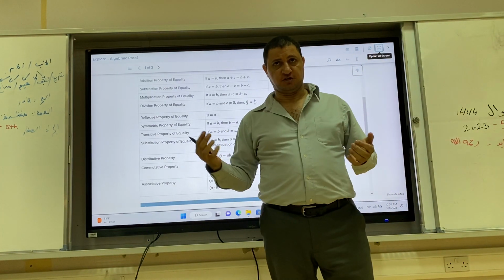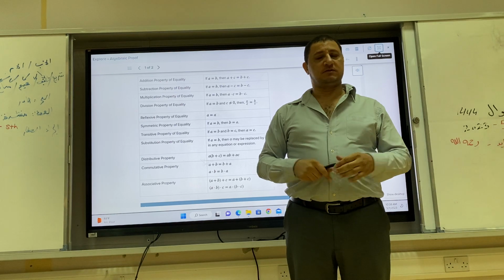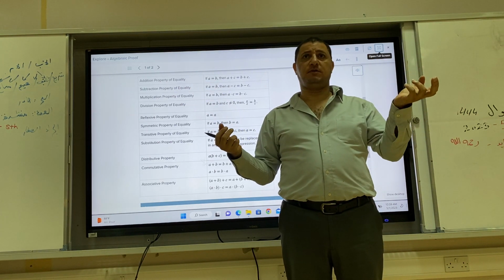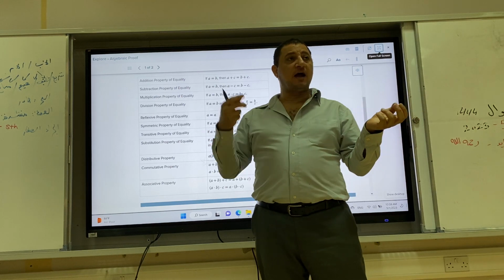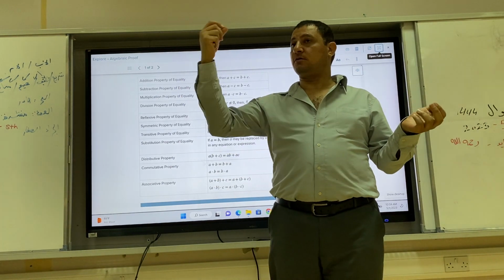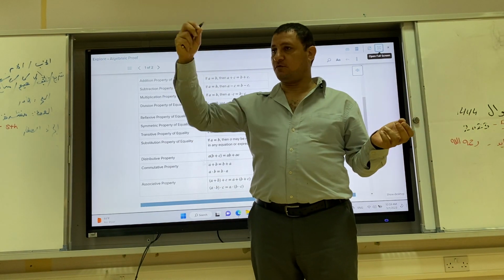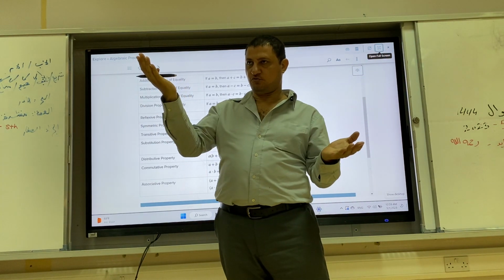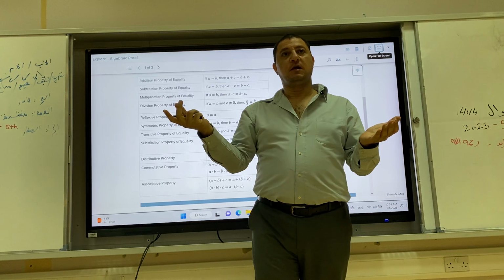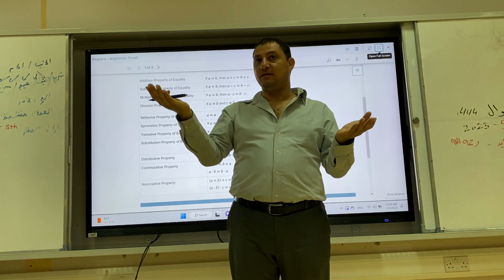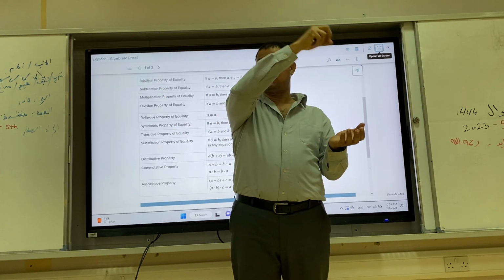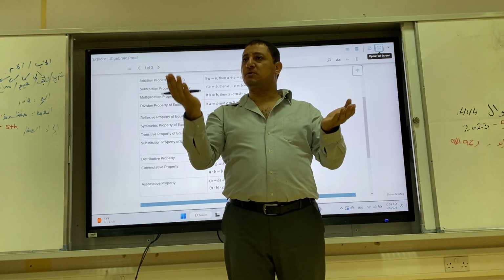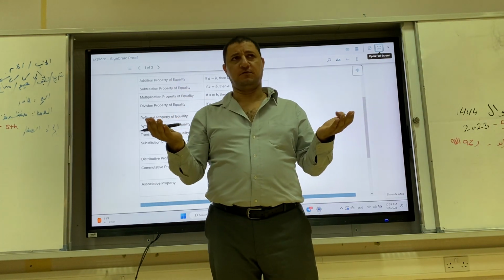If you went to the kitchen and found a scale balanced with 1 kilo of apples here and another kilo of apples here, and you went hungry and wanted to eat 2 apples, you took them from here, so the balance changed, right? To keep it equal again, you should take 2 apples from the other side just to keep the equivalence. So this process is called subtraction property of equality.